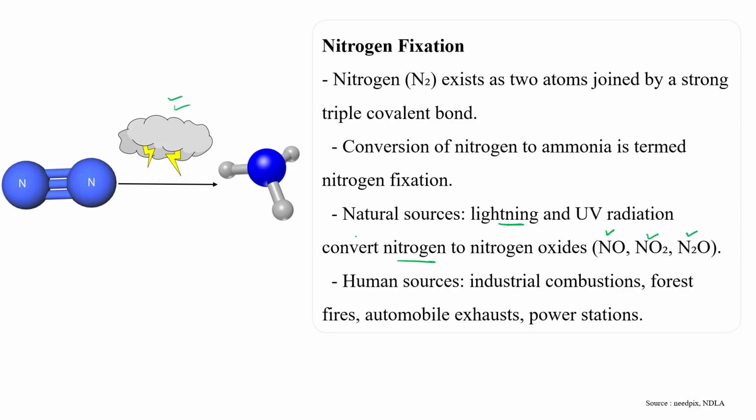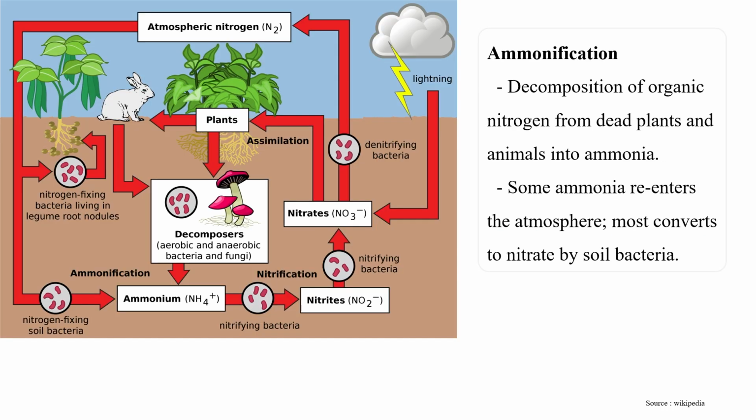Okay, so this comes under the natural sources category. Another category is human sources, in which industrial combustion occurs, forest fires occur, automobile exhaust, power stations. These are the sources in which nitrogen converts into various nitrogen oxide forms.